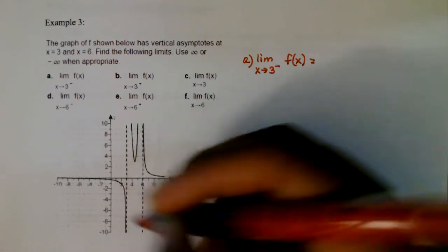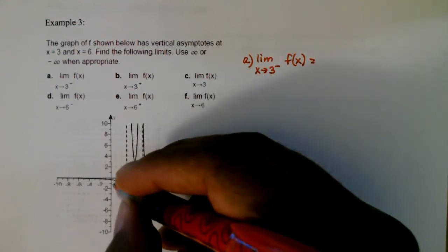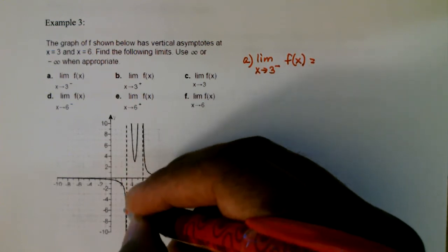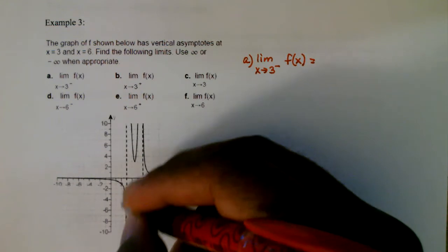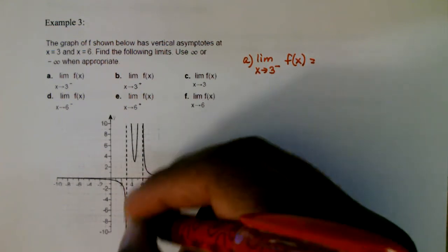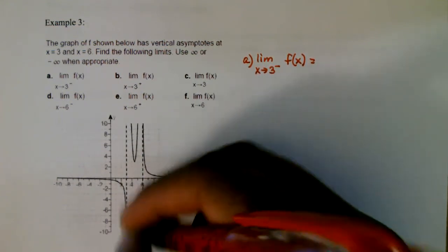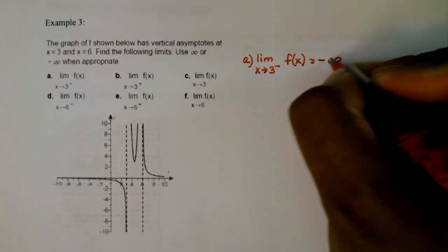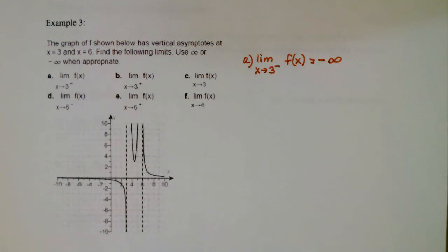Let's find out what's happening on the left of 3. To the left of 3, you're going to see that it's going downward without end. It's actually approaching negative infinity. So the limit as x approaches 3 from the left of the function f of x is negative infinity.